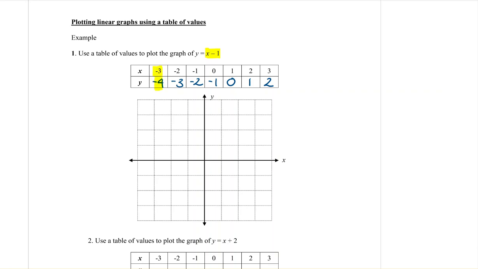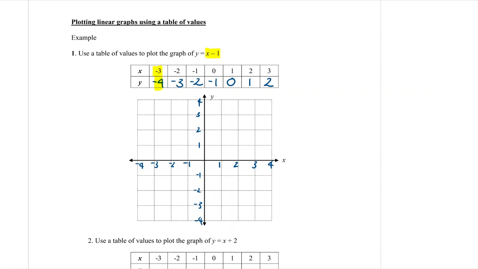Okay, we need numbers on there. So we're going to have 1, 2, 3, 4, and then negative 1, negative 2, negative 3, negative 4. Positive numbers as we go up, negative numbers as we go down. Okay, so the first point, using these ones that I've highlighted here in yellow, X is minus 3, so I come across to the minus 3, and Y is minus 4, means I come down to the minus 4.